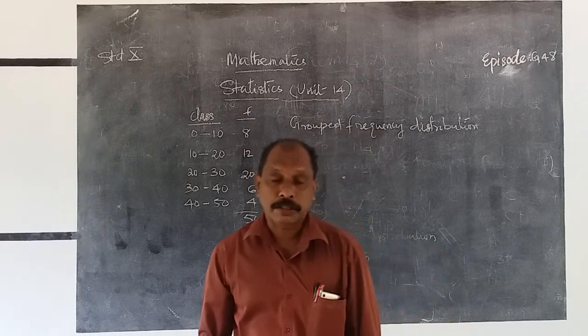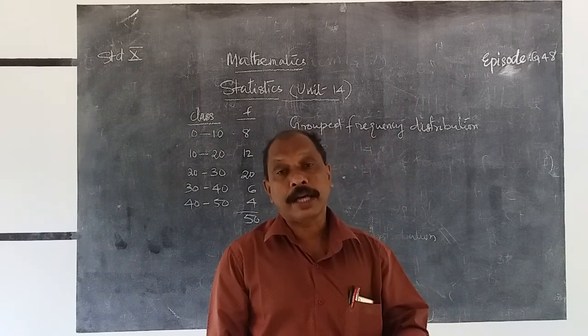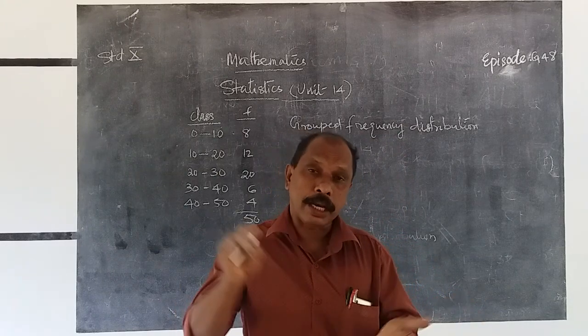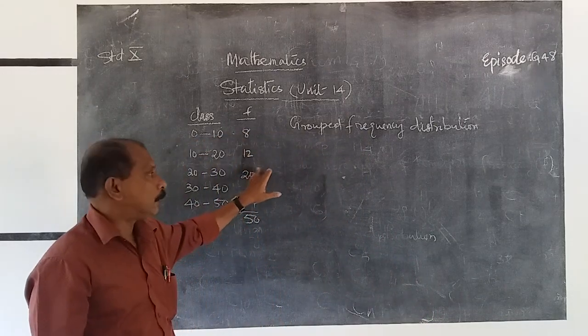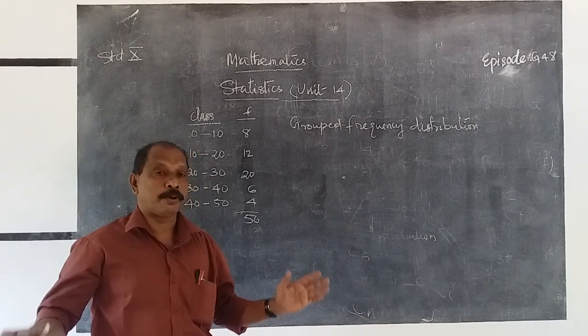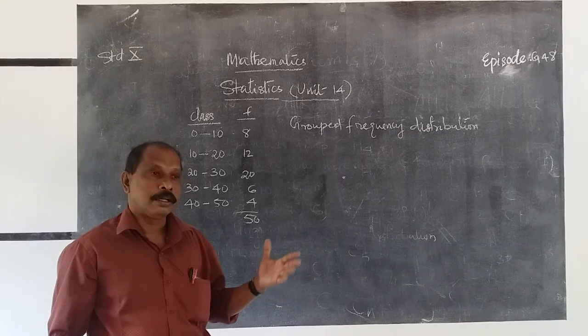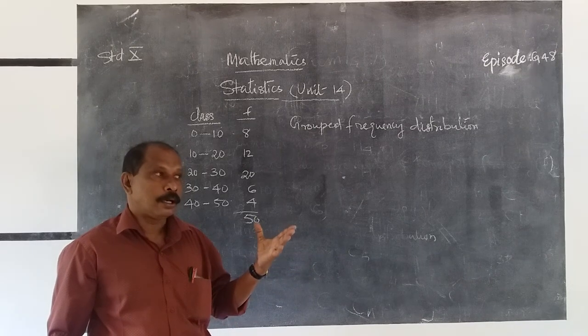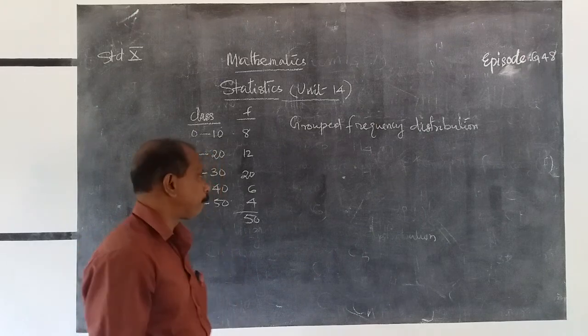But we can convert all the numerical values into classes. Therefore, a group with classes and frequencies is known as a grouped frequency distribution. So there are 3 types of numerical data given for statistics: individual group, ungrouped frequency distribution, and grouped frequency distribution.